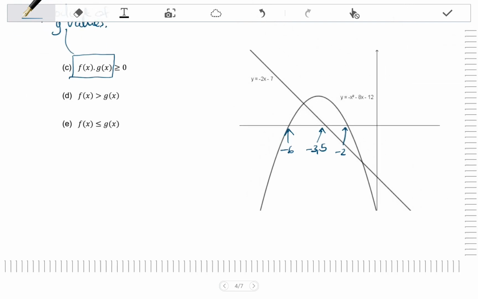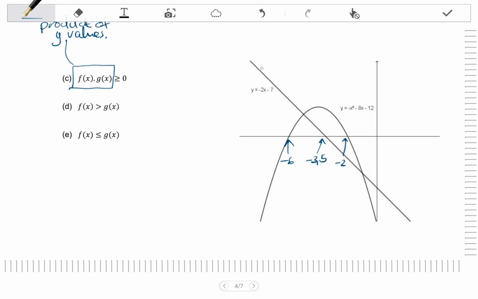Where the product of the y coordinates will be positive, either the y coordinates from each graph are both positive or both negative, because a positive times a positive makes a positive, and a negative times a negative makes a positive. So moving from left to right, on the straight line, the y coordinates here are all positive.